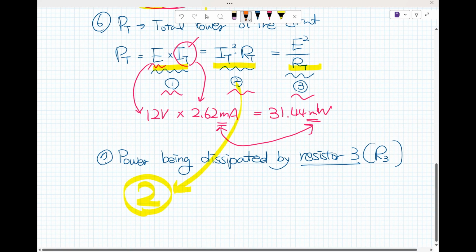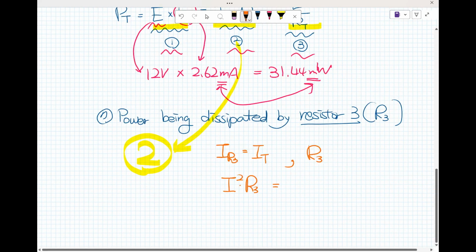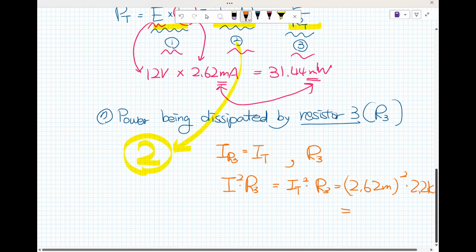Why? Because we know I sub R sub 3, which is the same as I sub T, and we also know R sub 3. So that is I sub T squared times R sub 3: 2.62 milliamps squared times R sub 3, which is 2.2 kilo. Finally, that was 15 watts approximately. That is the answer. Thank you.